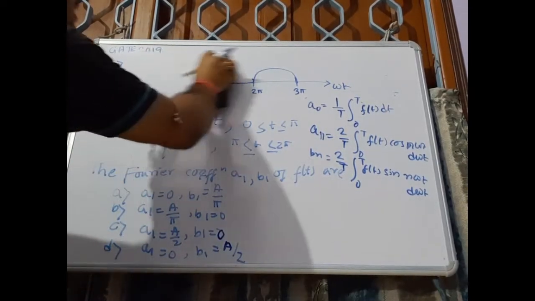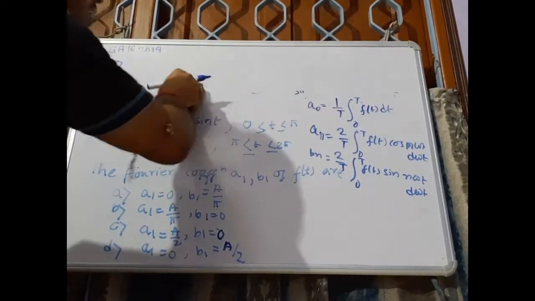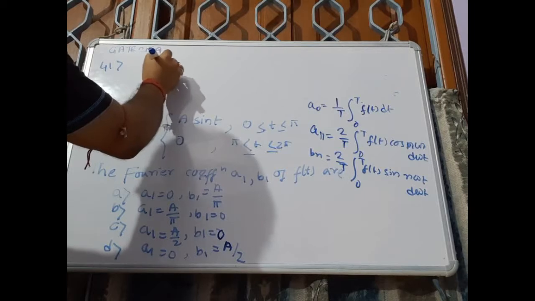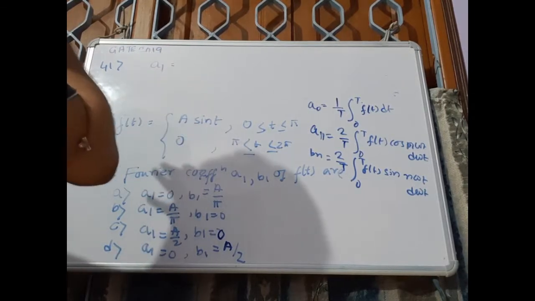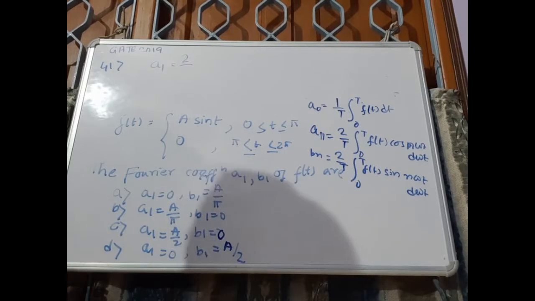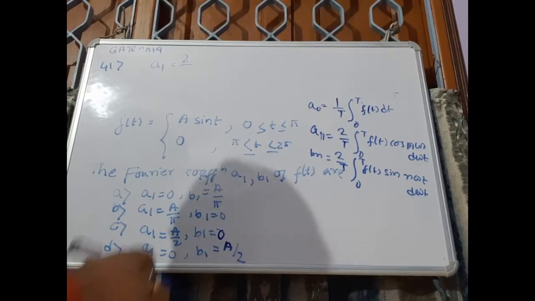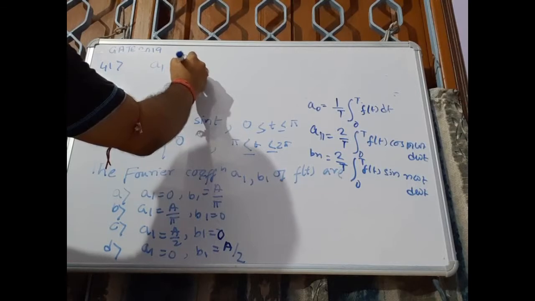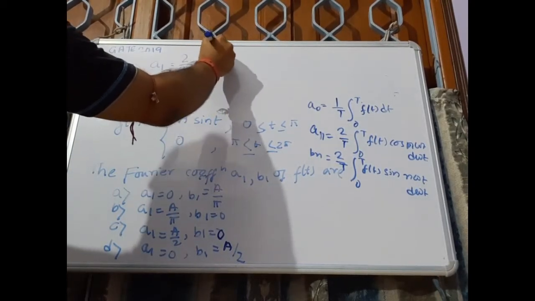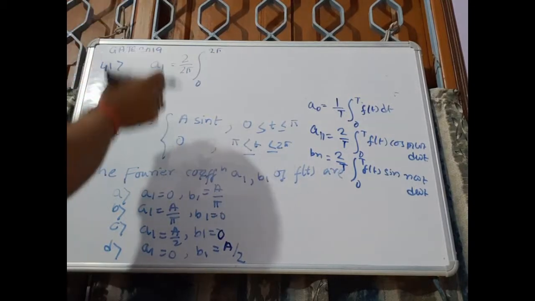If I put n equals 1, this will be 2 divided by T, and here we have the time period 2 pi. So integration of 0 to 2 pi f(t).